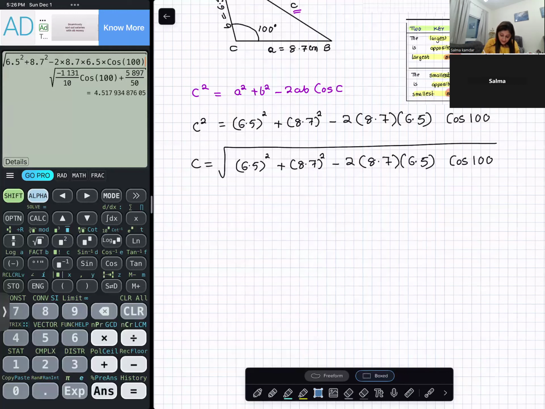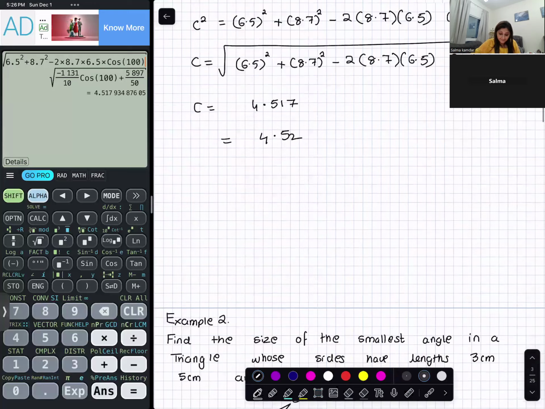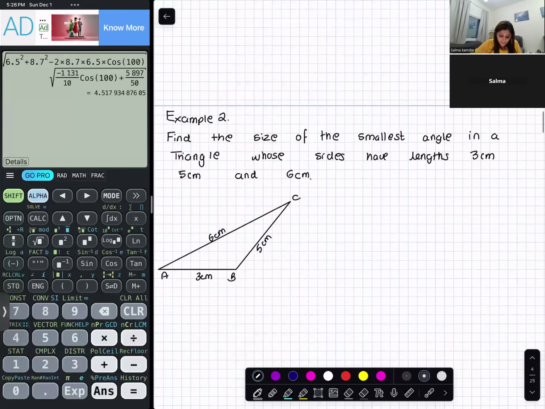If you put all this on the calculator, I'm getting c is equal to 4.517, which is equivalent to 4.52. That's it.